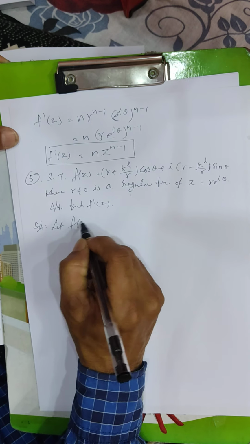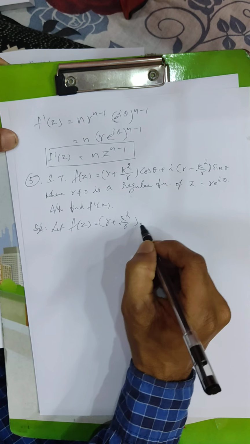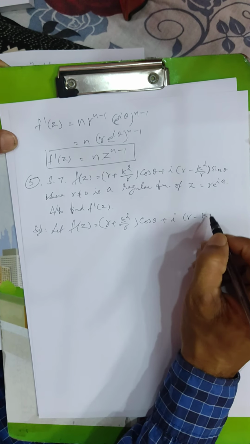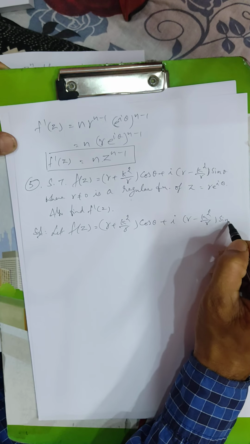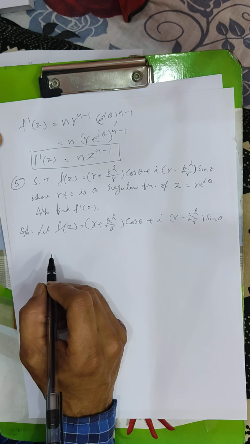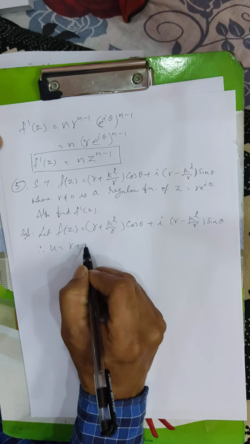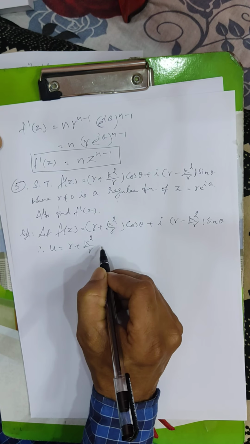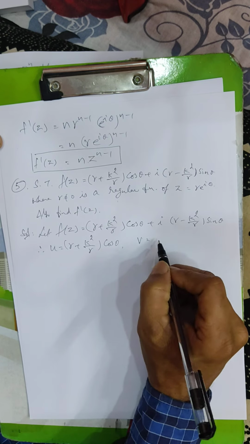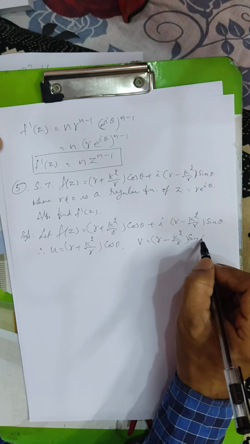So directly I'll write, let f of z is equal to r plus k square by r into cos theta plus i into r minus k square by r into sin theta. Therefore u, that is the real part, is r plus k square by r into cos theta, and v, the imaginary part, is r minus k square by r sin theta.